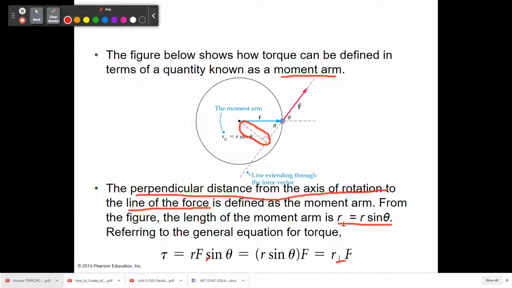We already have r sine of theta, and that r perpendicular, that little perpendicular sign, means r sine of theta. That is the same thing. So the moment arm times the force equals our torque.